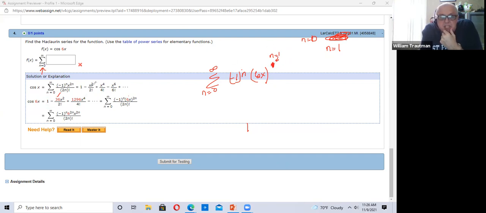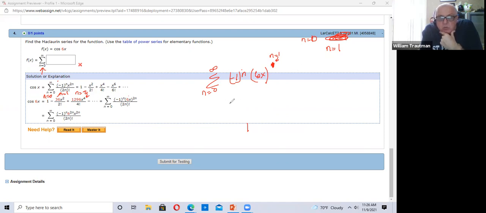And the same thing, if this is going to be n=0, this is going to be n=1, this is going to be n=2. And even for n=2, we have to square it to get 4.